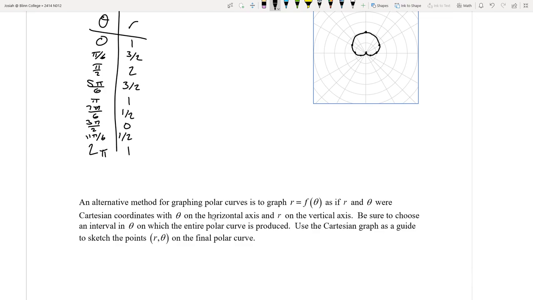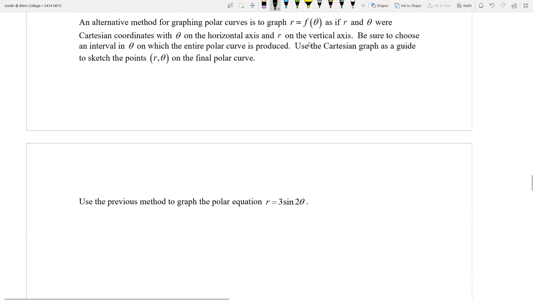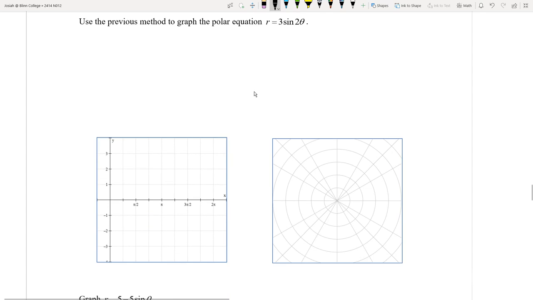So basically just treat this as an input-output, theta is the input, r is the output. As it says here, we need to choose an interval on which the entire polar curve is produced. So we're going to use that graph as a guide to sketch our theta on the final polar curve.